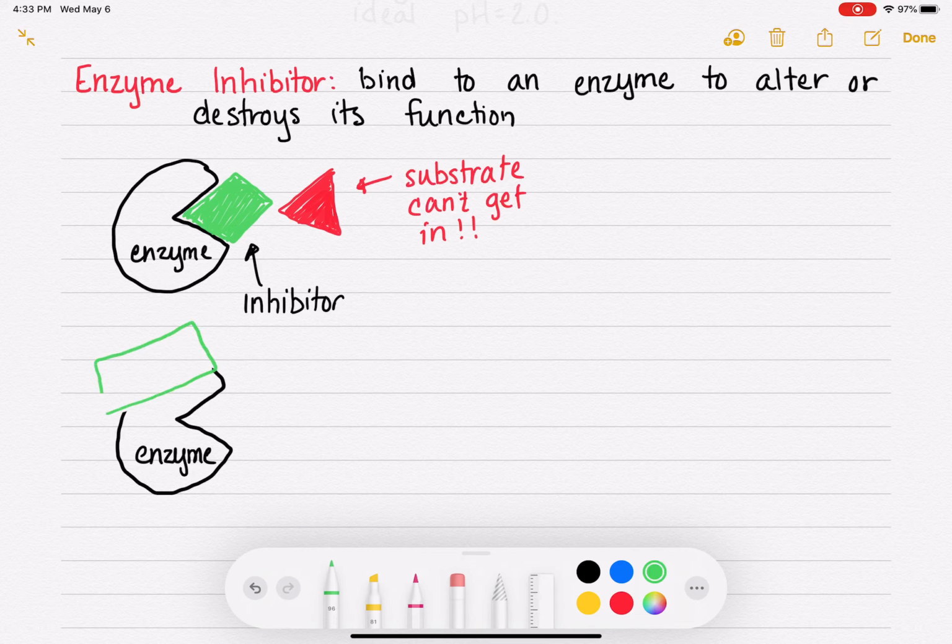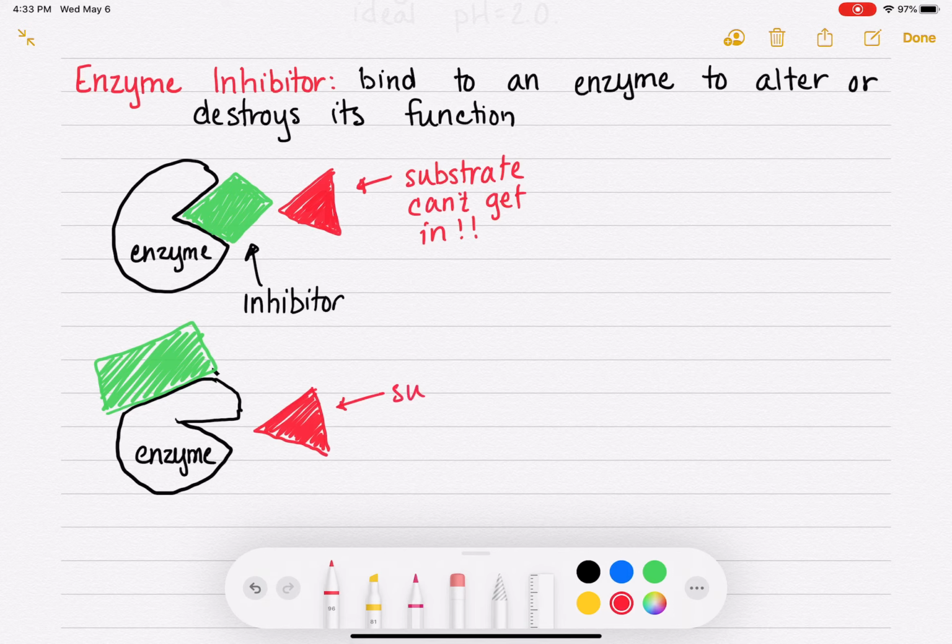So this is going to be a different type of inhibitor. And when it squishes itself up here, it flattens out our Pac-Man, changes the Pac-Man's shape. And now our red triangle, our substrate, can't fit because the pocket has been made smaller.